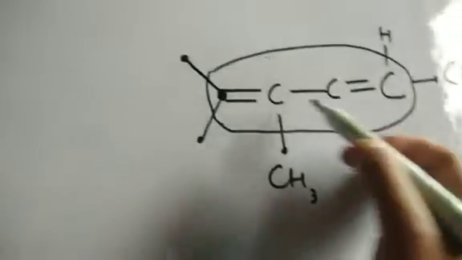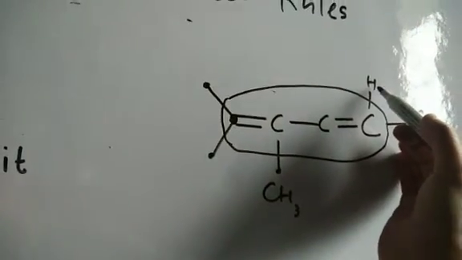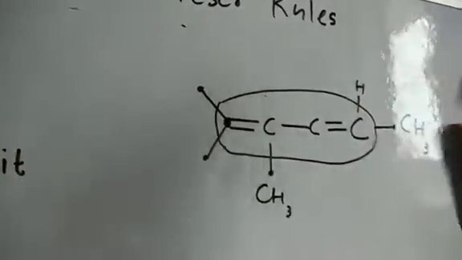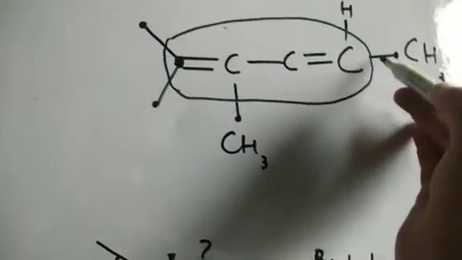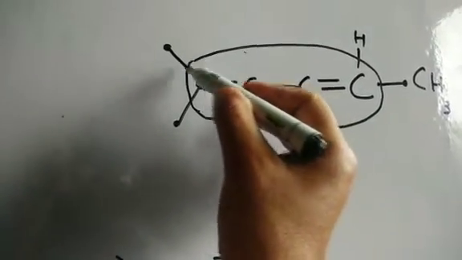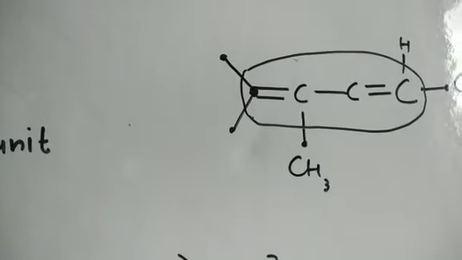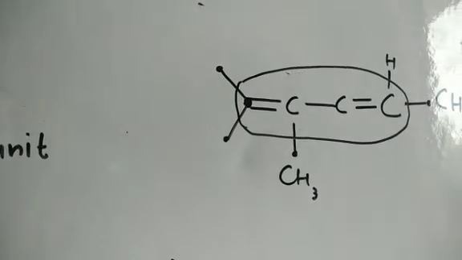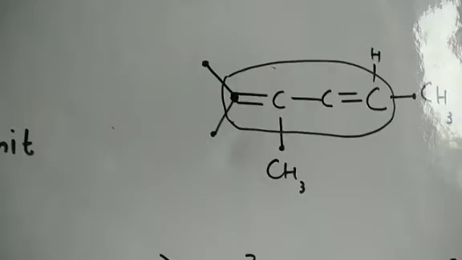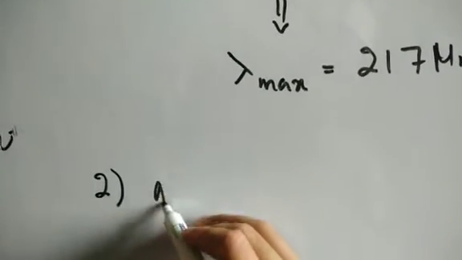Now see if there is any substituent on this. A proton here cannot be called a substituent, so let us forget it. Substituent means the methyl group attached to this double bond; we have two methyl groups here. Now the contribution of a methyl or alkyl group is rule number 2: we have to add the contribution of the alkyl group.